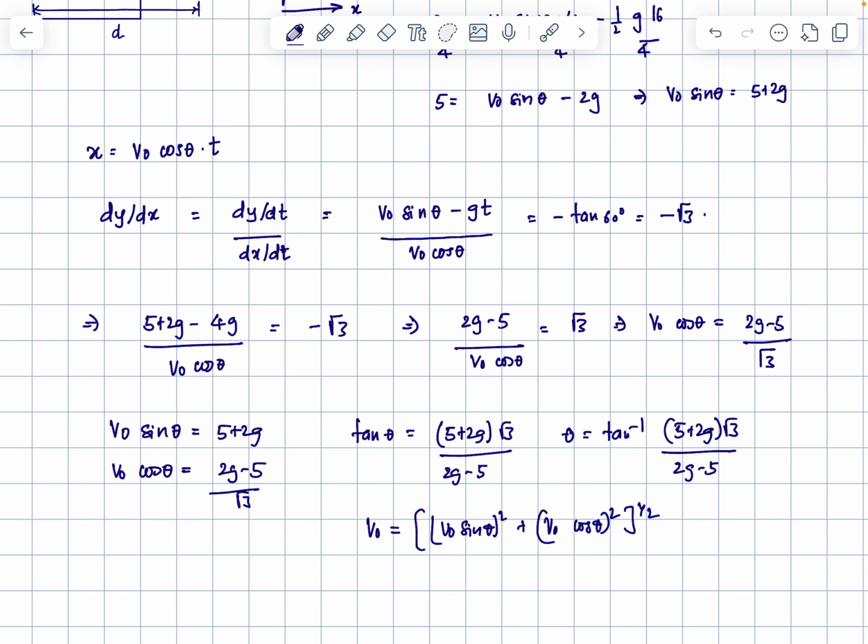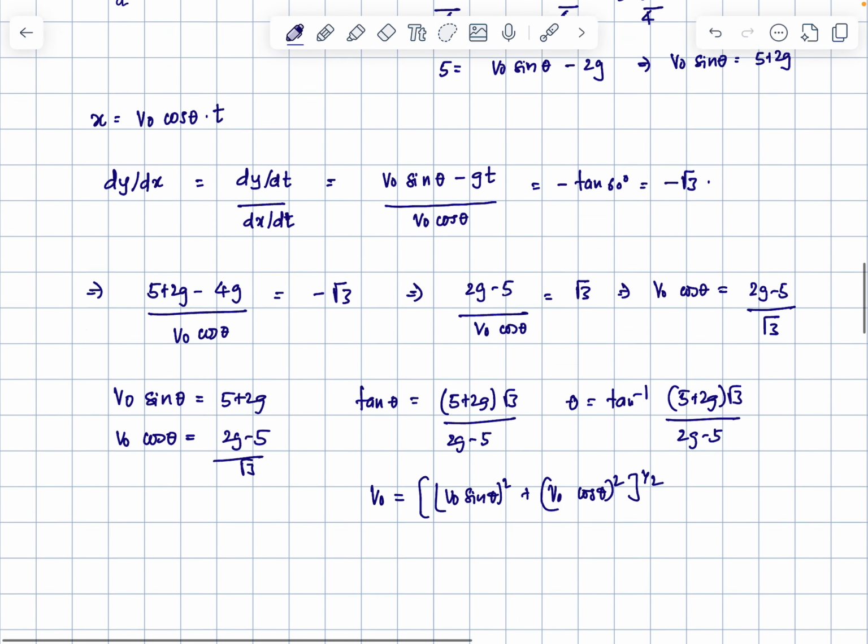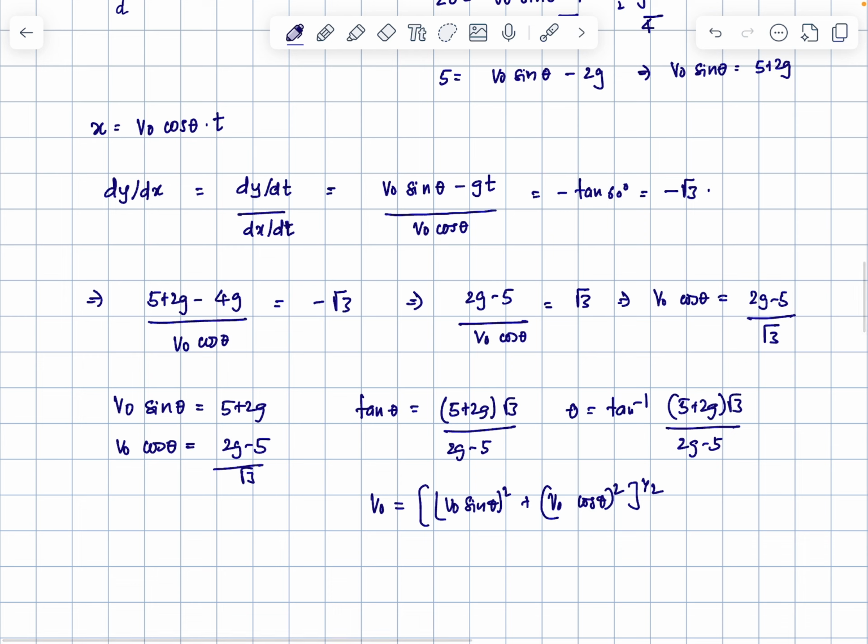Now that we have found v0 cosine theta, and the time of flight is also known, therefore the range, the distance d here, is v0 cosine theta times t. v0 cosine theta is 2g minus 5 divided by square root of 3, and t is 4 seconds.